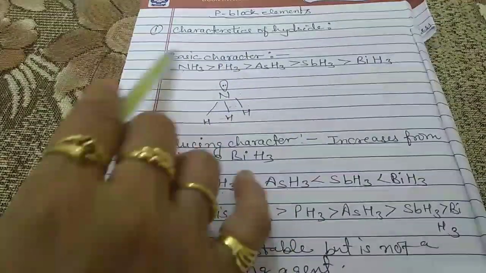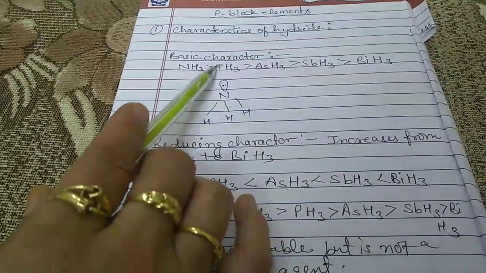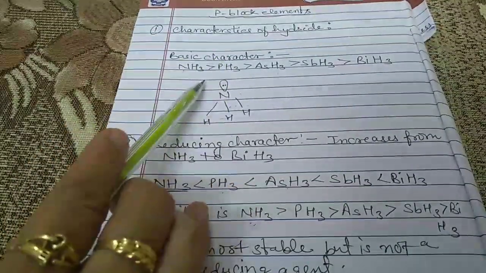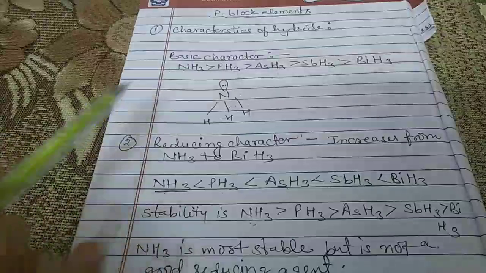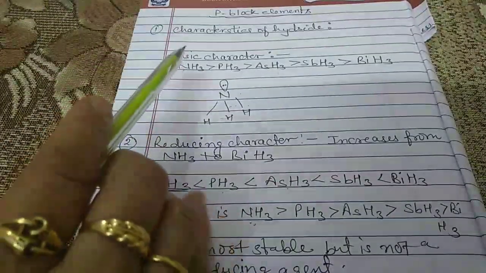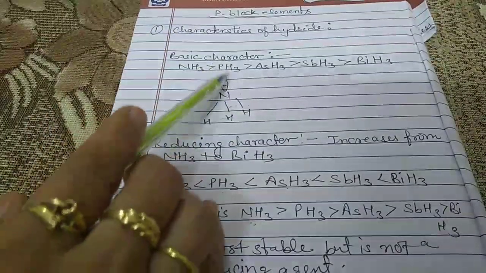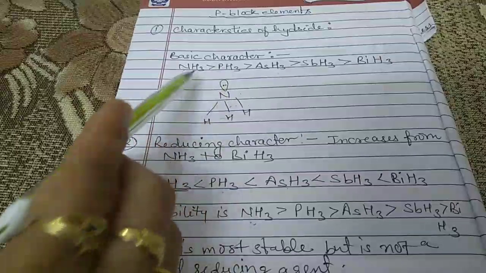Therefore the lone pair which is present on the nitrogen is concentrated in a small region, and the electron density on it is maximum. A lone pair of electrons means the electrons are present here and they carry the negative charge. Consequently, the electron releasing tendency is the maximum.